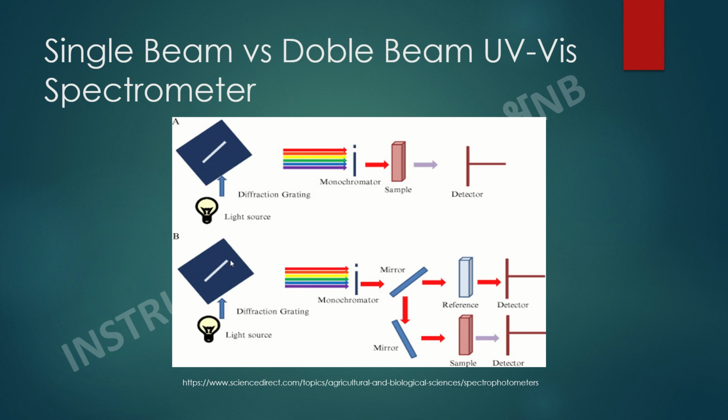Whereas in a double beam UV visible spectrometer, the radiation gets divided into two with the help of mirrors, and one part of the radiation will reach the reference and the other part will reach the sample, and then the signals will be recorded by the detector and then the recorder.